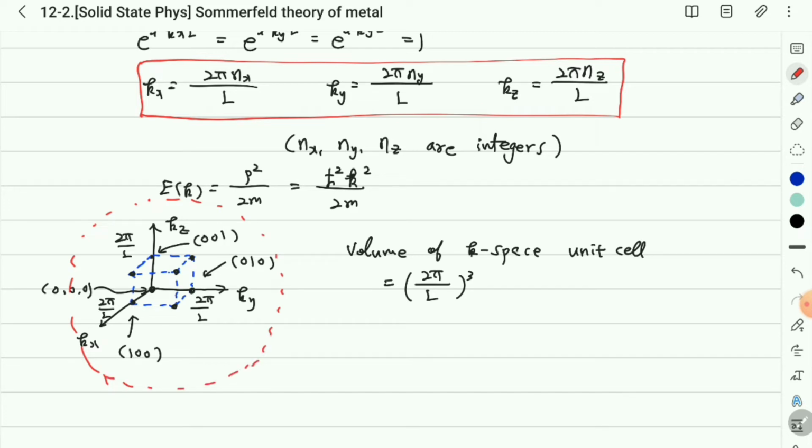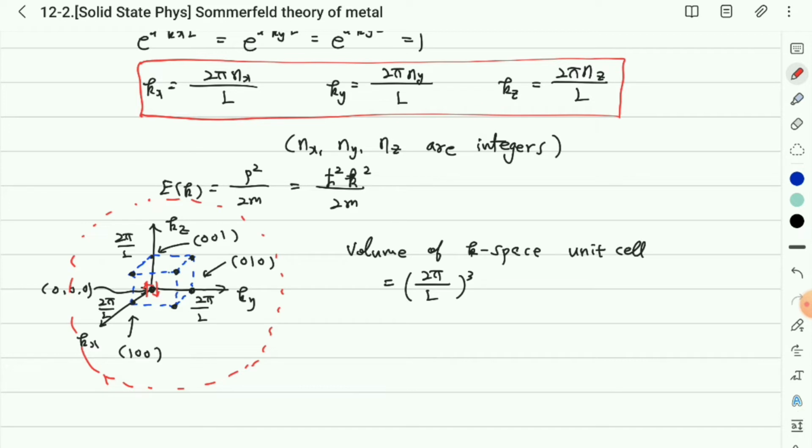For each quantum state, in general, because electrons are fermions, the fermions do not occupy a single level together. By considering the spin, spin up and spin down, 2 electrons can occupy a single quantum level.